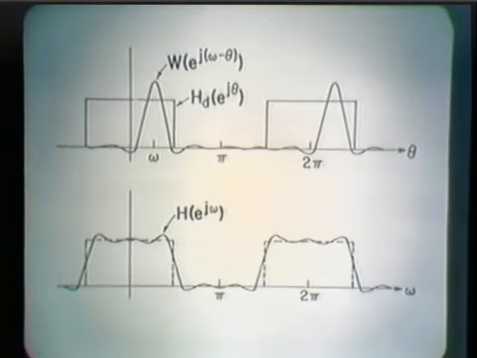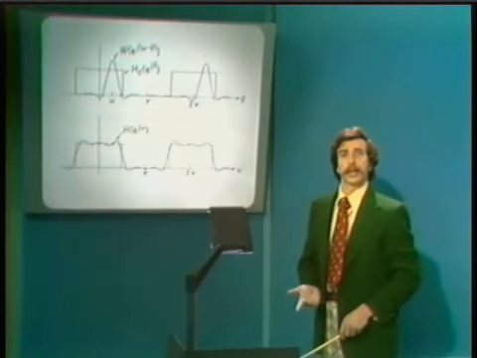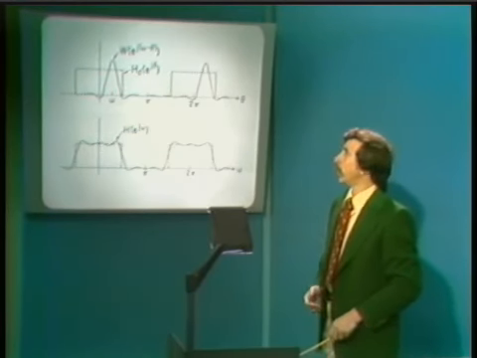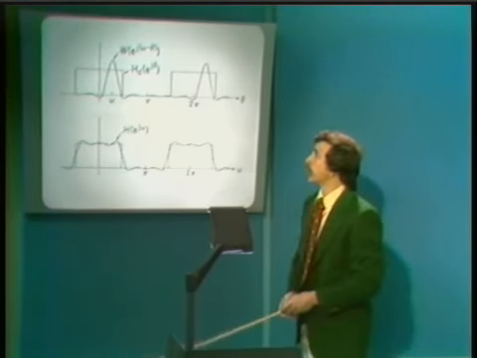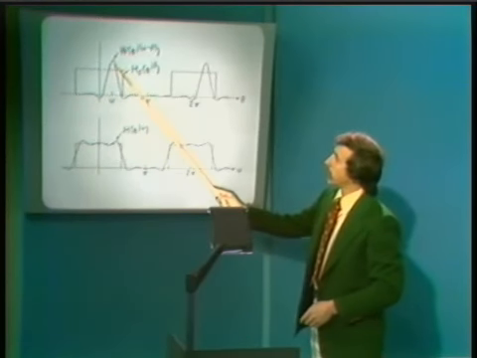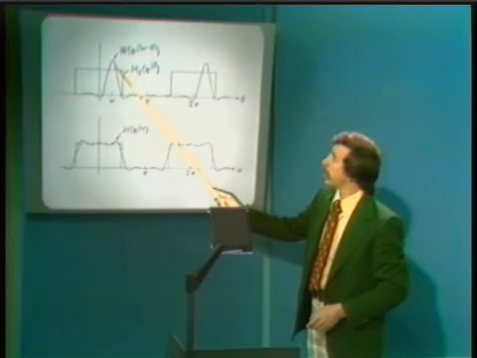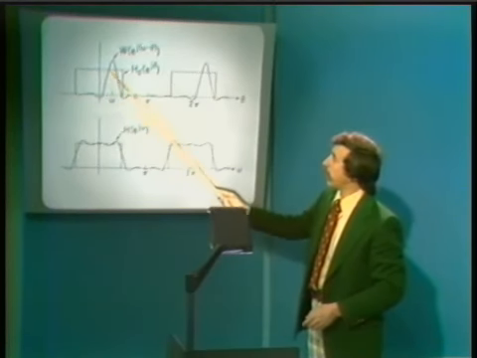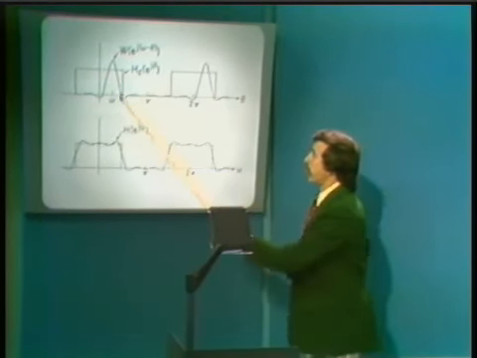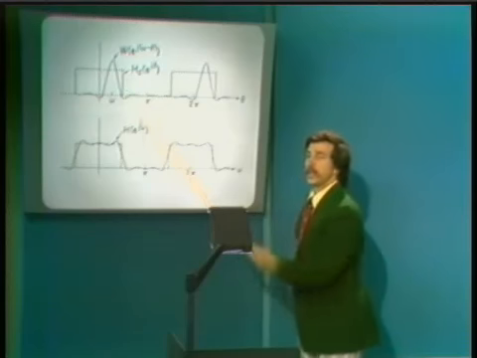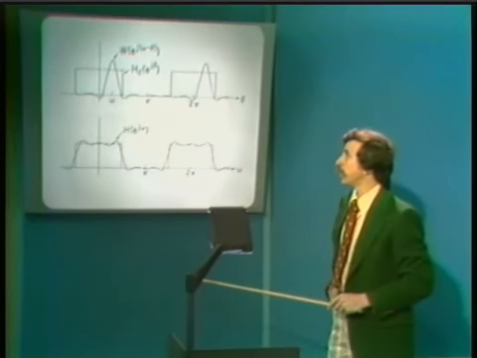Now, ideally, what would we like as the frequency response of the window? Well, ideally, what we would like, of course, is for this function to be an impulse, because if it's an impulse, then we convolve it with the desired frequency response, and the result will again be the desired frequency response.